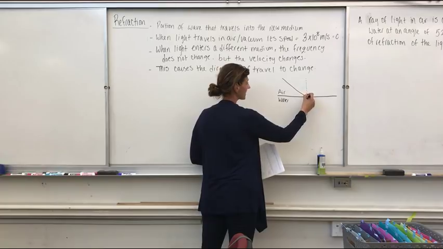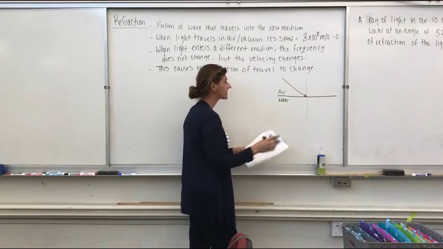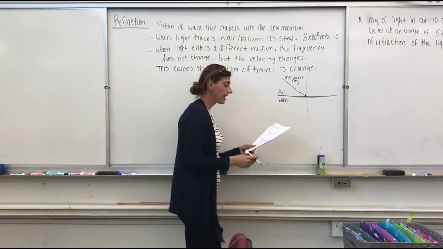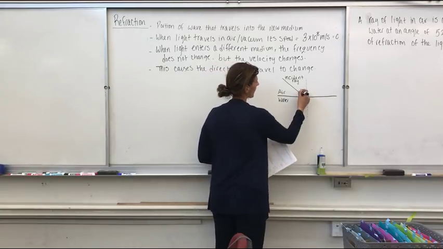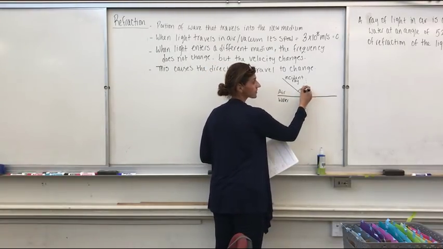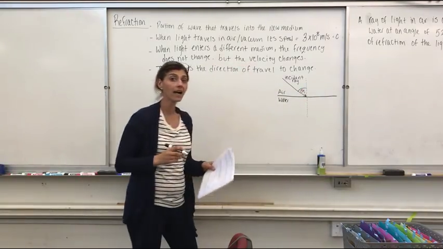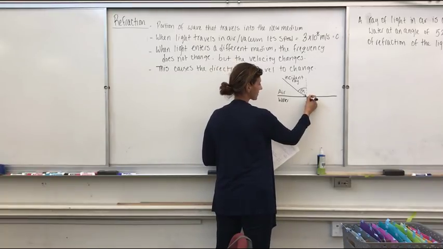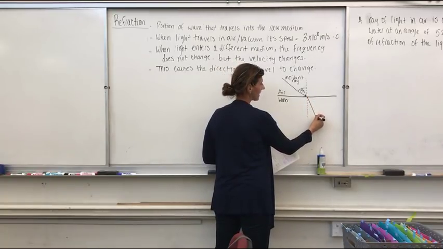So here comes the incoming ray. We call it the incident ray. The incident ray will come in at a particular angle. The angle to this vertical is called the incident angle, theta i. And then when it hits the water boundary or some other boundary, the light will bend.